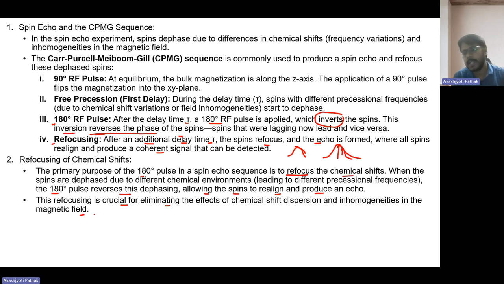This was actually one of the major problems that scientists were facing in getting a very significant and very clear intensity signal in NMR spectroscopy.